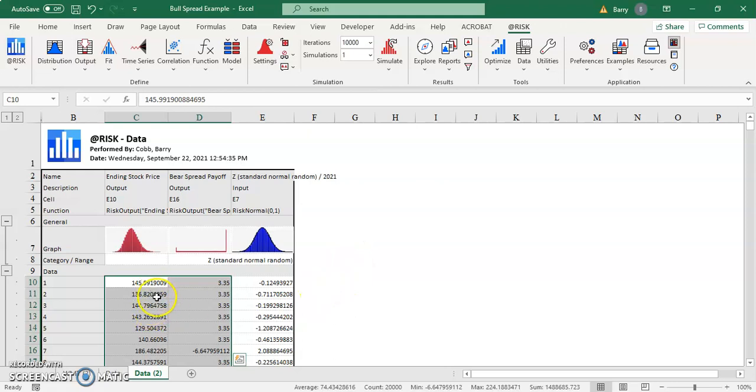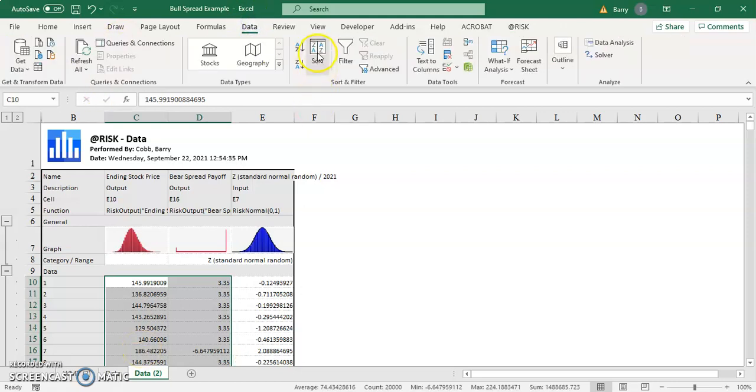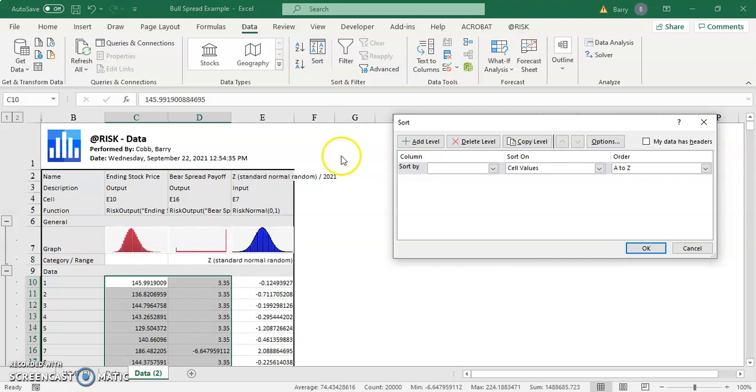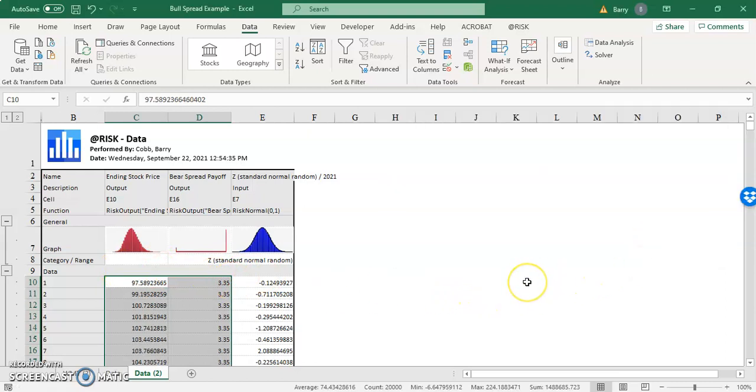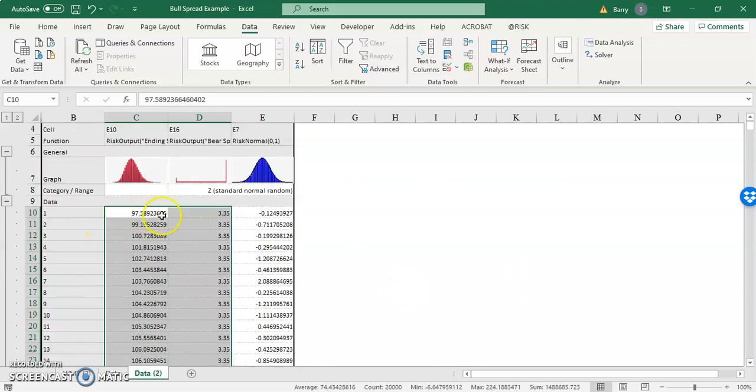Then we can sort this by the ending stock price from lowest to highest, sorting by column C. We could rearrange the headers also if we wanted to. Now our data is sorted smallest to largest by ending stock price.